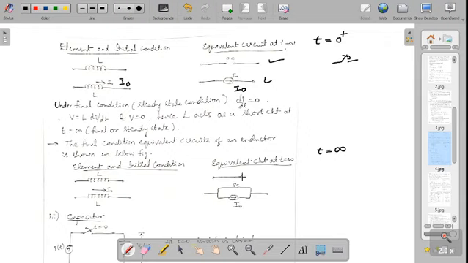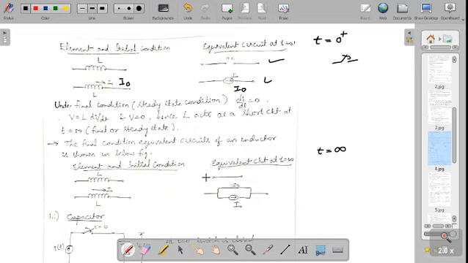Observe that at t equal to 0 plus it was behaving as an open circuit, and at t equal to infinity it behaves as a short circuit. If the inductor is carrying a current I naught, along with that it behaves as a current source.